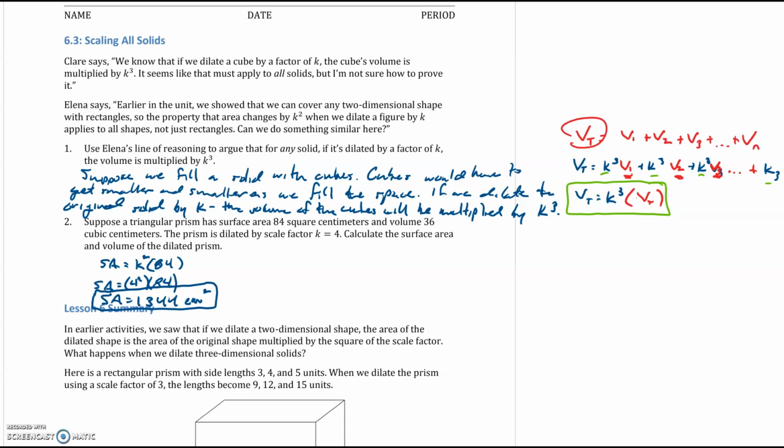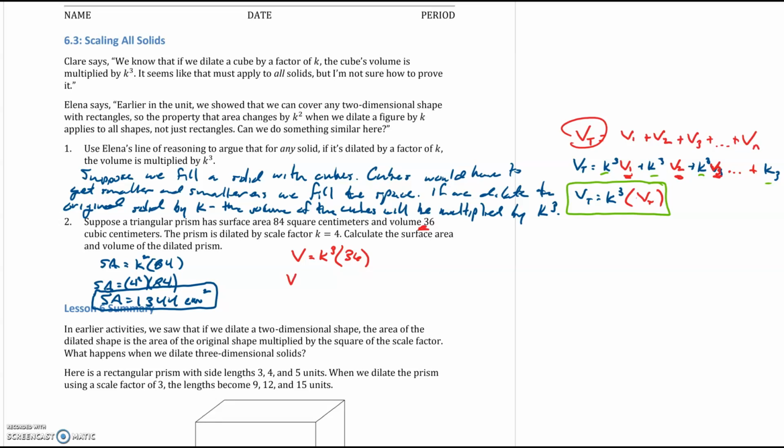What about the volume? Well, if I cube the scale factor and then multiply it by the original, and the original here was 36, I should get the correct volume.